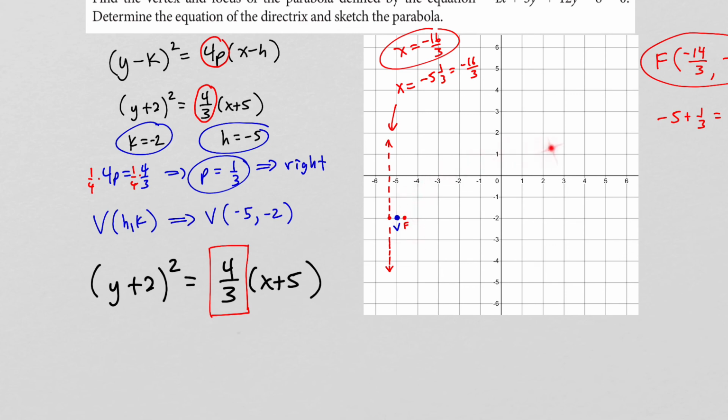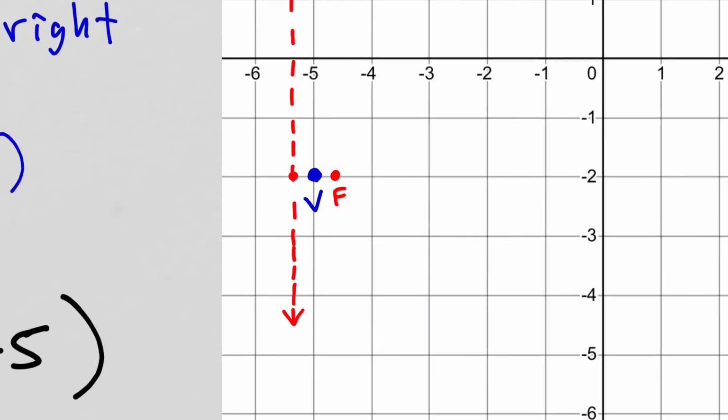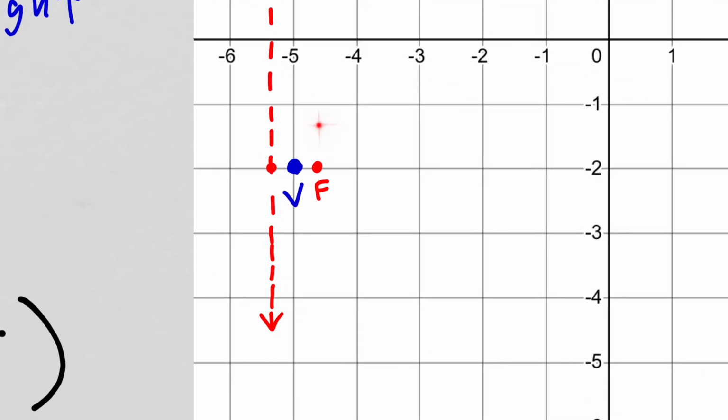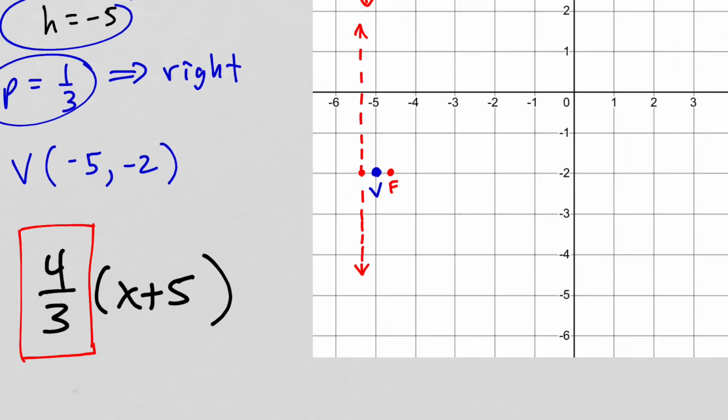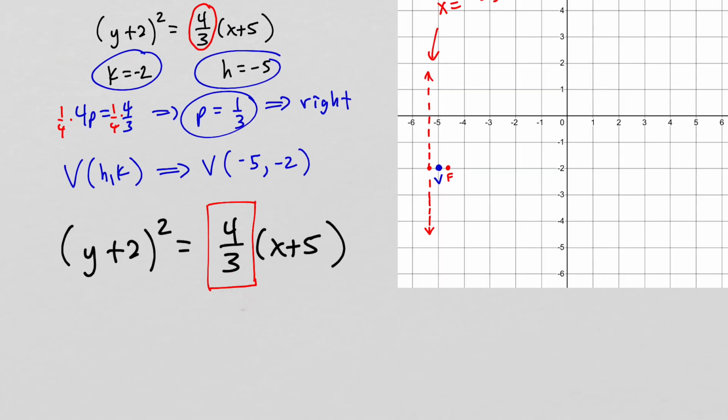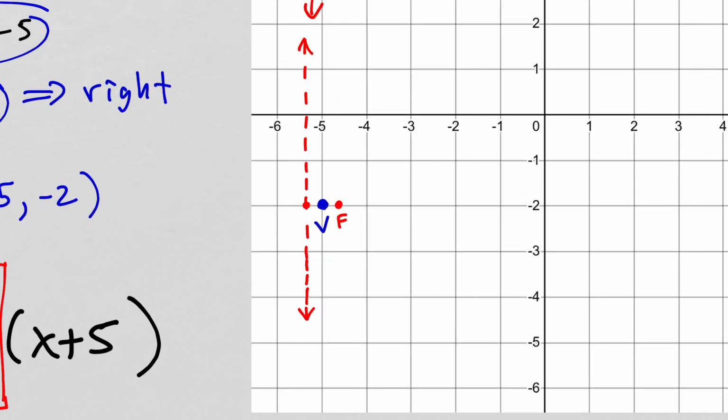Now, again, our parabola opens this way. So that means the distance across from the point over here to the point over here is 4/3. So that means we are 2/3 of a unit this way and 2/3 of a unit that way. So if I go 2/3 of a unit this way, that puts us right about here, and 2/3 of a unit this way puts us right about there.